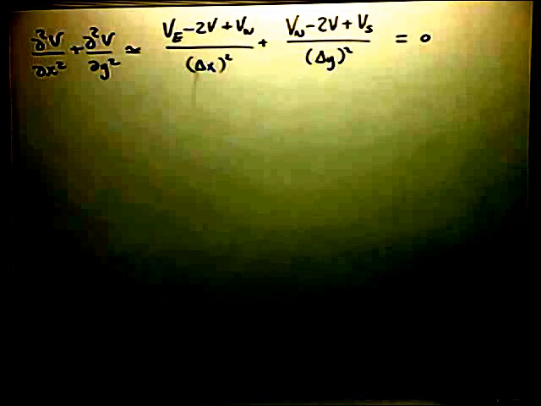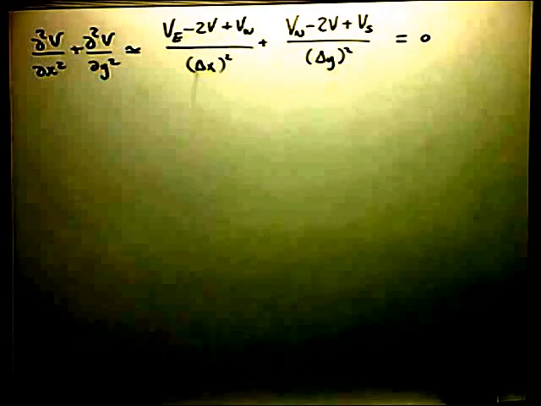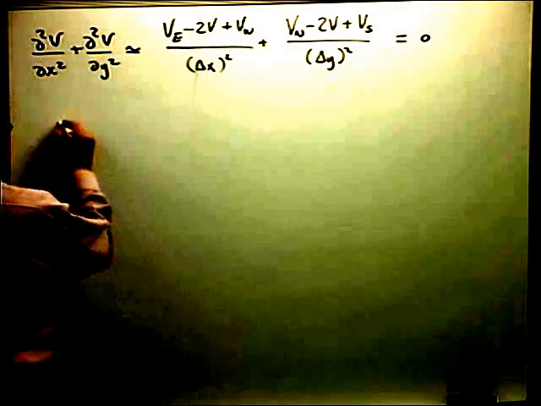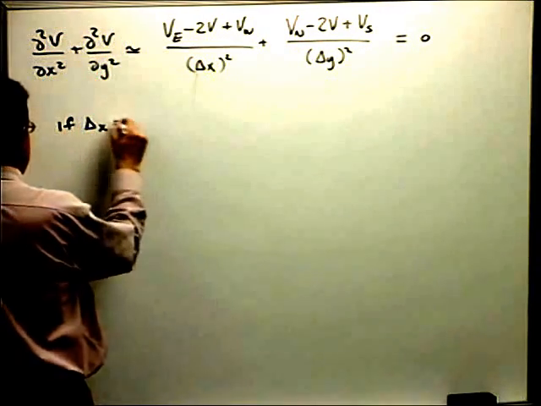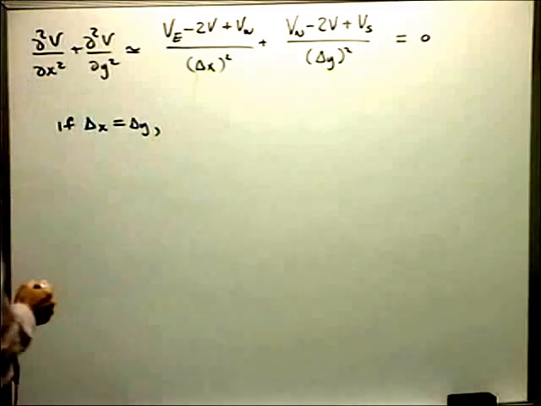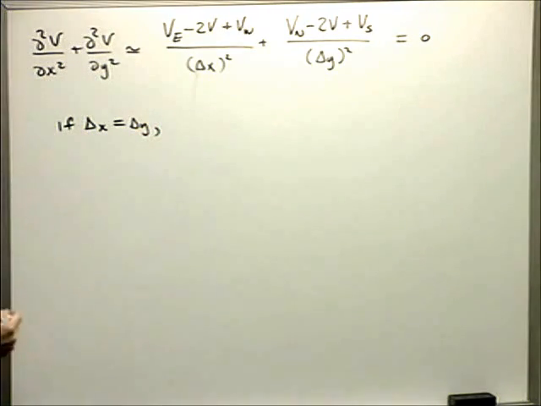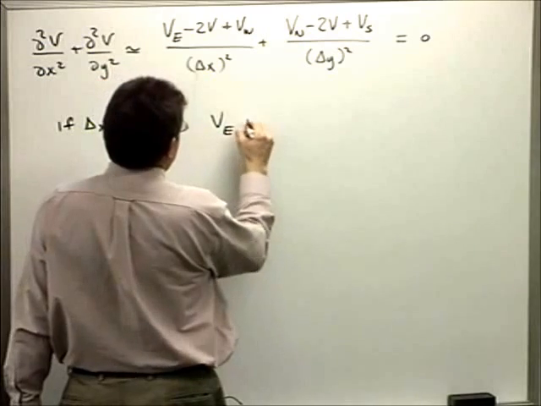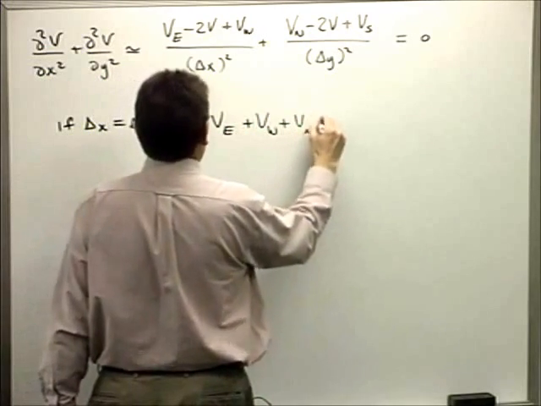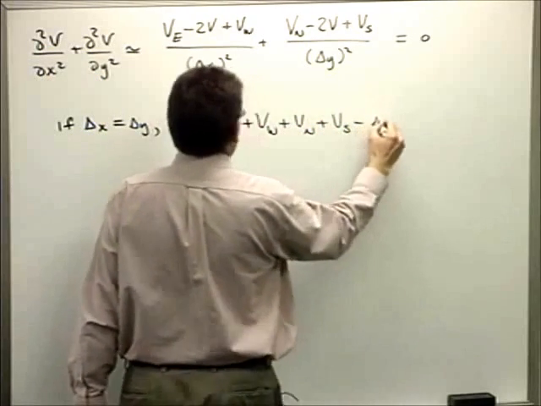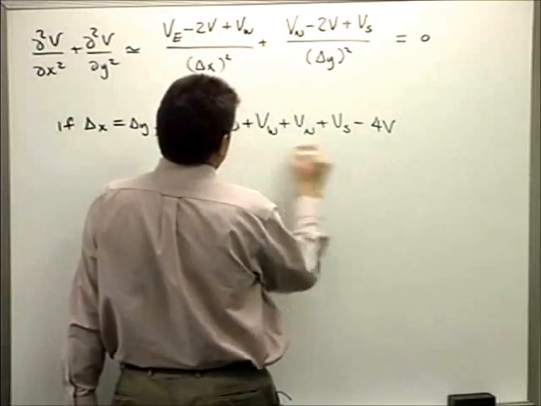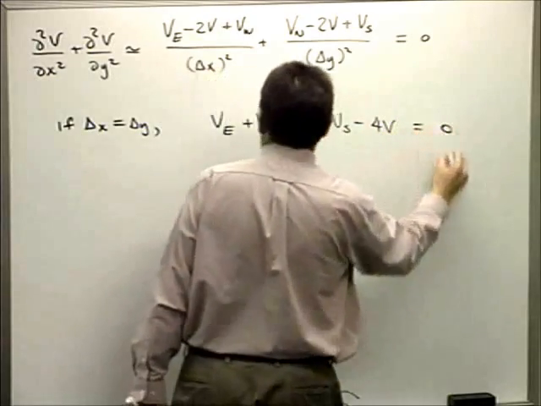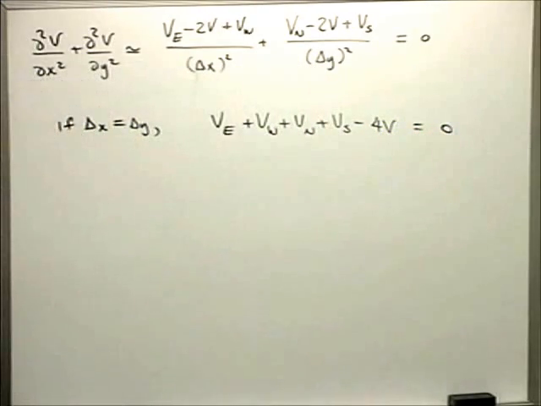Okay. Now, it gets a little simpler if delta x is equal to delta y, because then we can combine these denominators together. Then we get VE plus VW plus VN plus VS minus 4V all over delta squared is equal to 0.